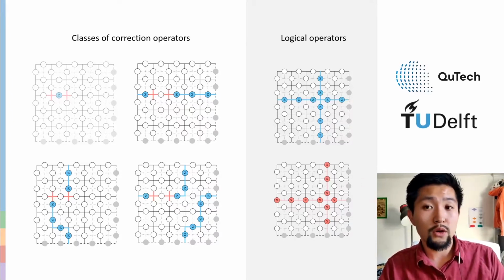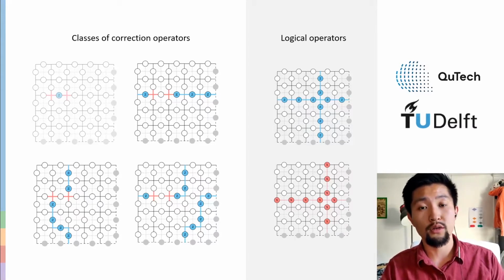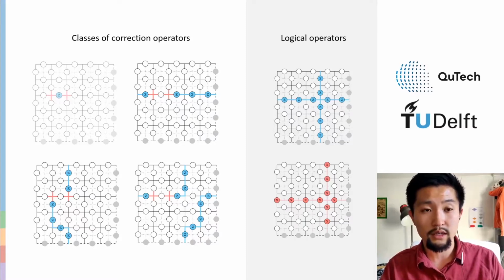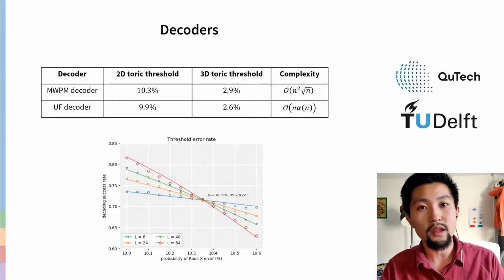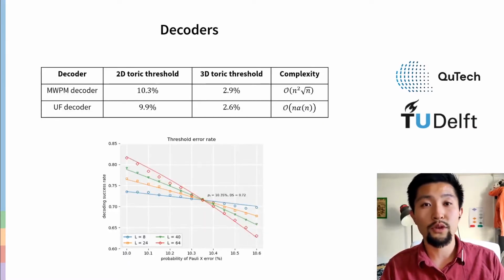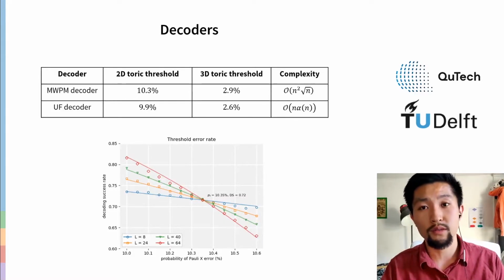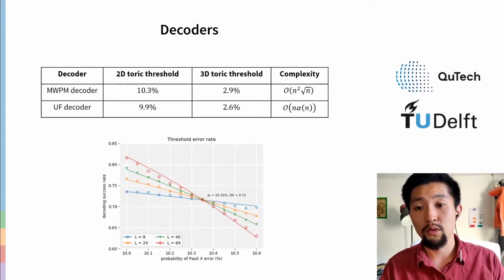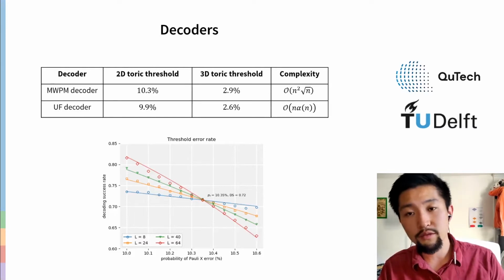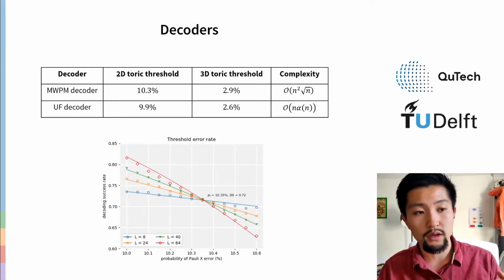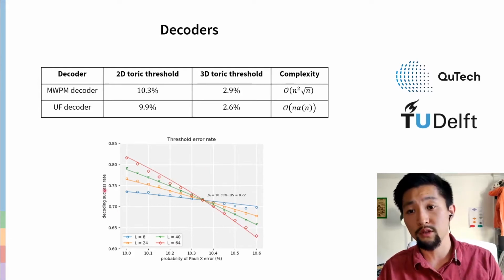Now, to decide exactly what kind of correction operator we want to apply to correct our error, that is the task of the decoder. Now, there are two numbers that we use to compare different types of decoders. The first of which is the code threshold. Now, imagine for a given error rate, there is an output decoding success rate.